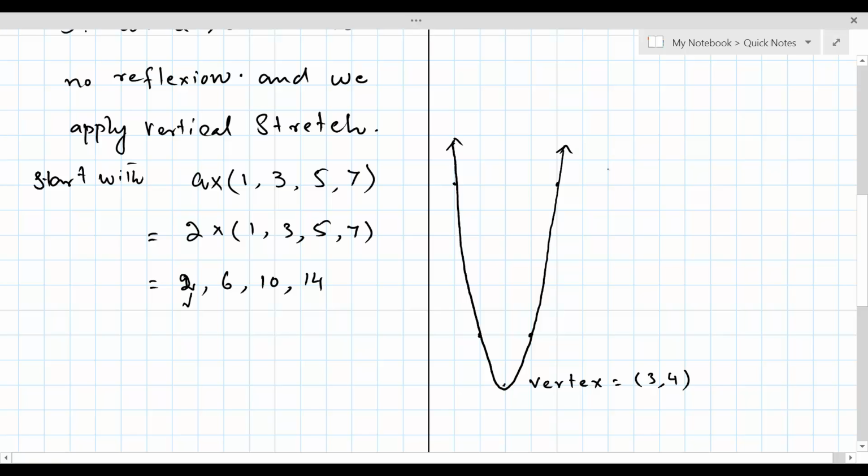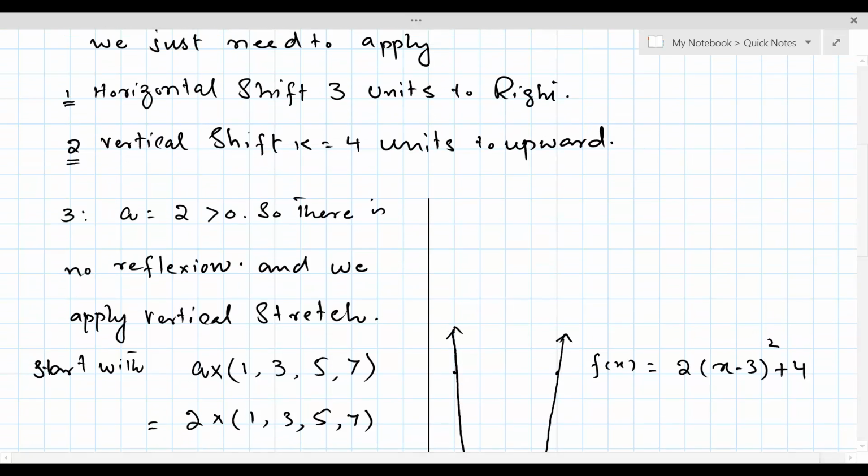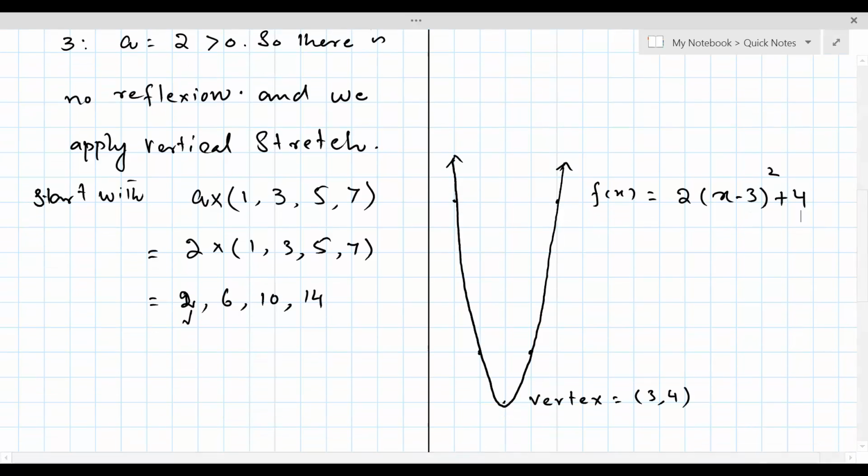So this is the graph of y equal to, or f of x equal to, 2 times (x minus 3) squared plus 4. We did this by applying the horizontal shift of 3 units toward the right, 4 units of vertical shift upward, and a vertical stretch of 2.